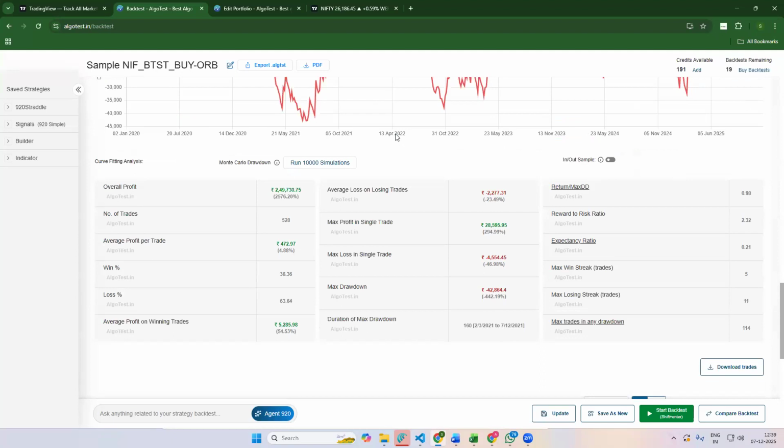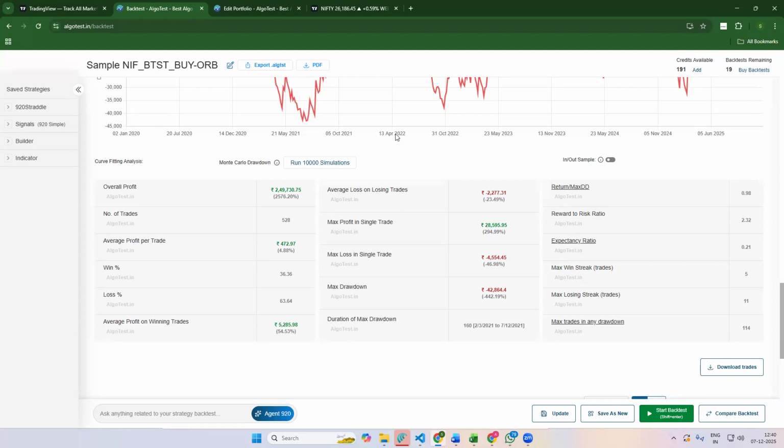Because if you lose, this is the amount that is going to go away, and still if you want to run this strategy, the required investment is 55,000 rupees.